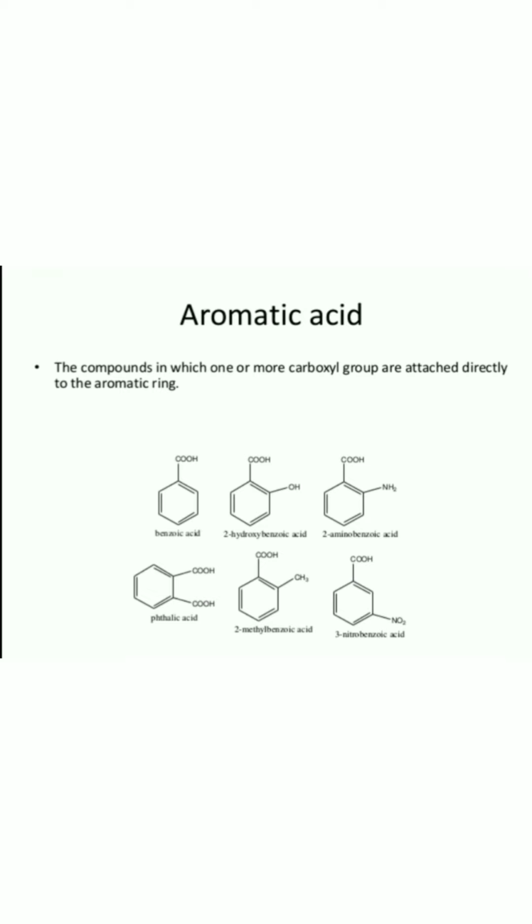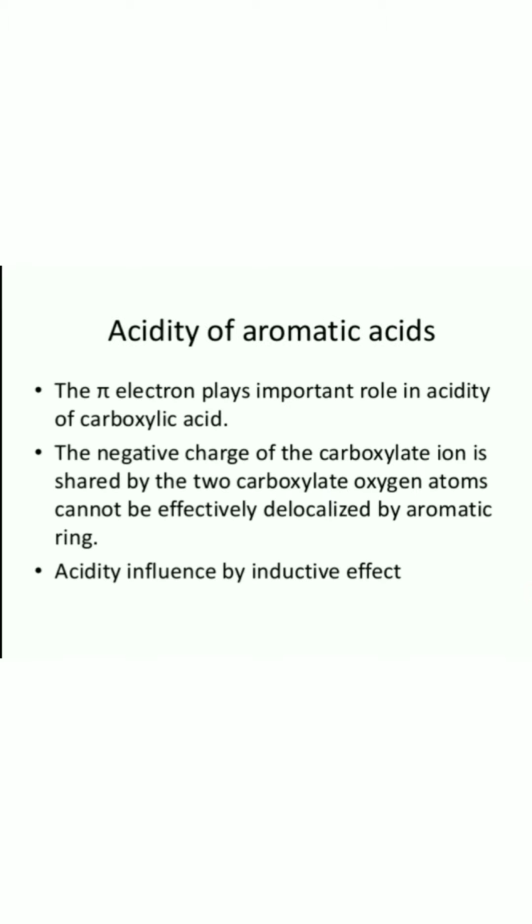Moreover, if a methyl group is attached, we call this 2-methyl or ortho-methyl benzoic acid, or toluic acid. Similarly, in case a nitro group is attached, we call it 3-nitro-benzoic acid.